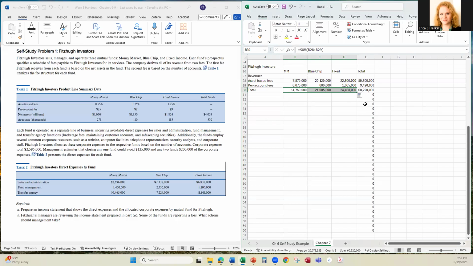All right. Now, in terms of expenses, each fund is operated as a separate line of business with avoidable direct expenses for sales and administration, fund management, transfer agency functions.